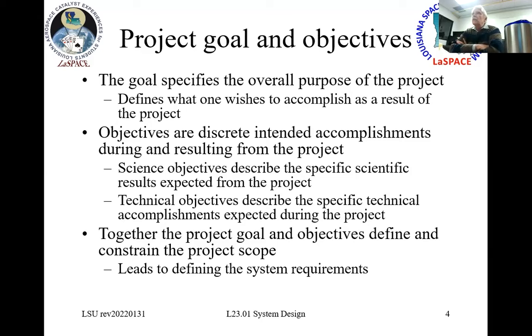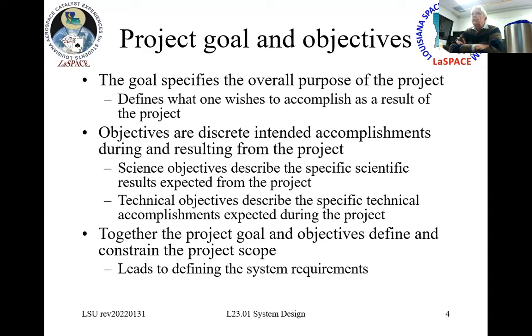Objectives are discrete items that you would accomplish during the project or that result from the project. There are two different types of objectives: scientific objectives and technical objectives.